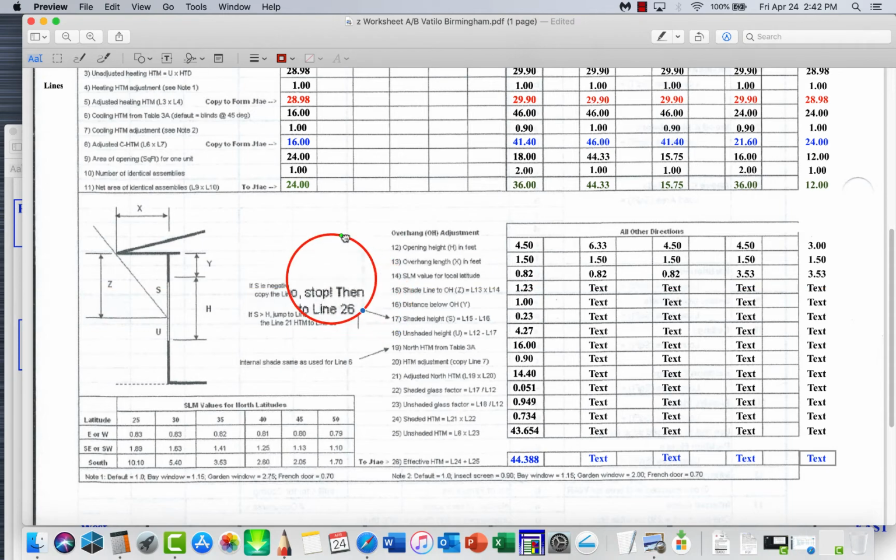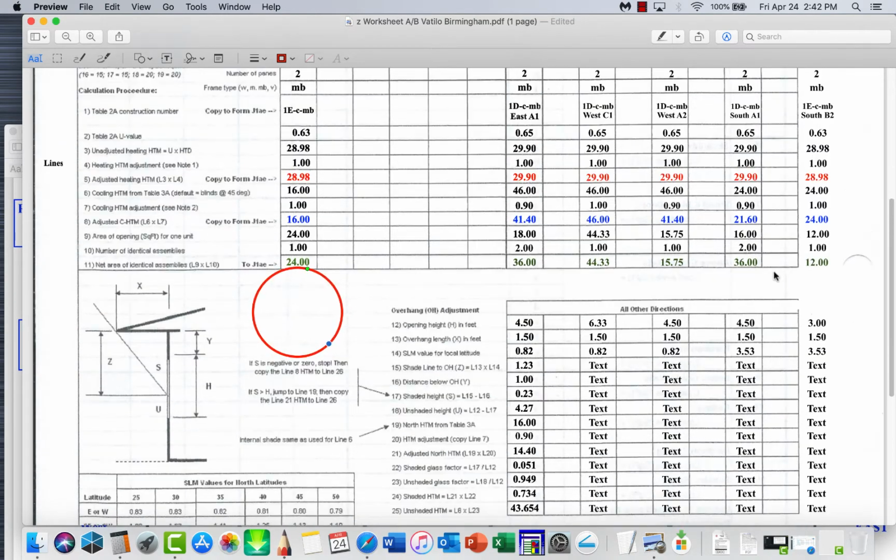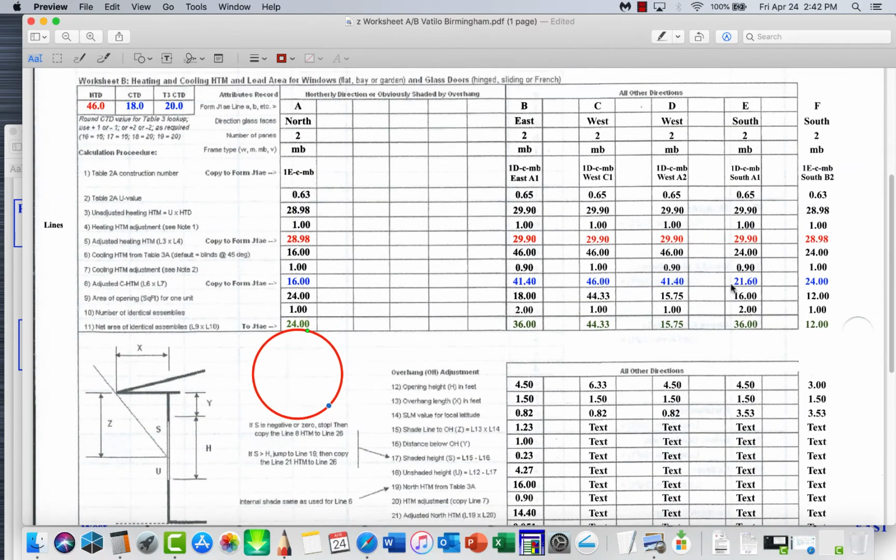So line 12, this is our opening height. Line 13, this is the overhang. In other words, how much does the roof overhang all this? Now remember, it was 1.5 foot all the way around, so we could transpose all those numbers all the way across. Also, just as a heads up, I do have even the B2 window, this one over here.